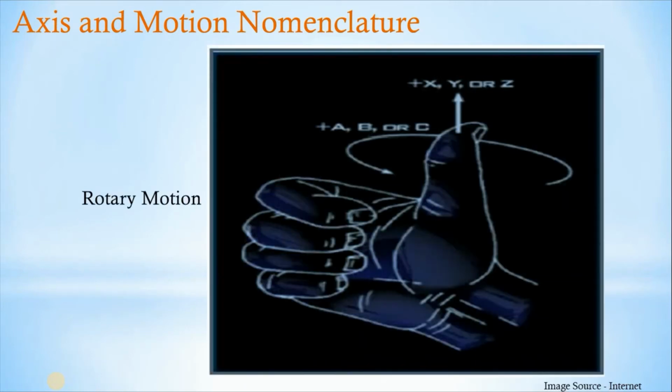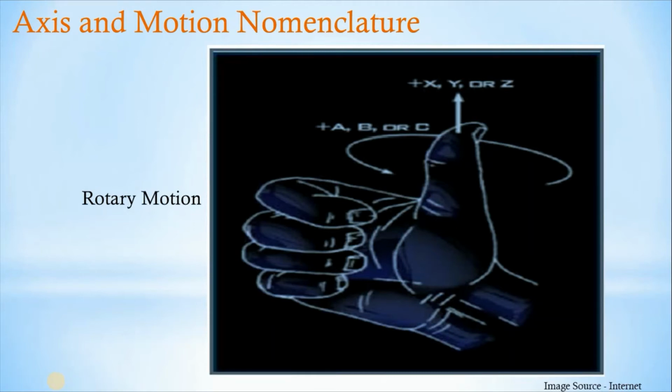Then rotary motion. The right hand rule for determining the correct axis on a CNC machine may also be used to determine the clockwise position about the x, y and z axes. To determine the positive or clockwise motion or direction about an axis, close your right hand with the thumb pointing out.